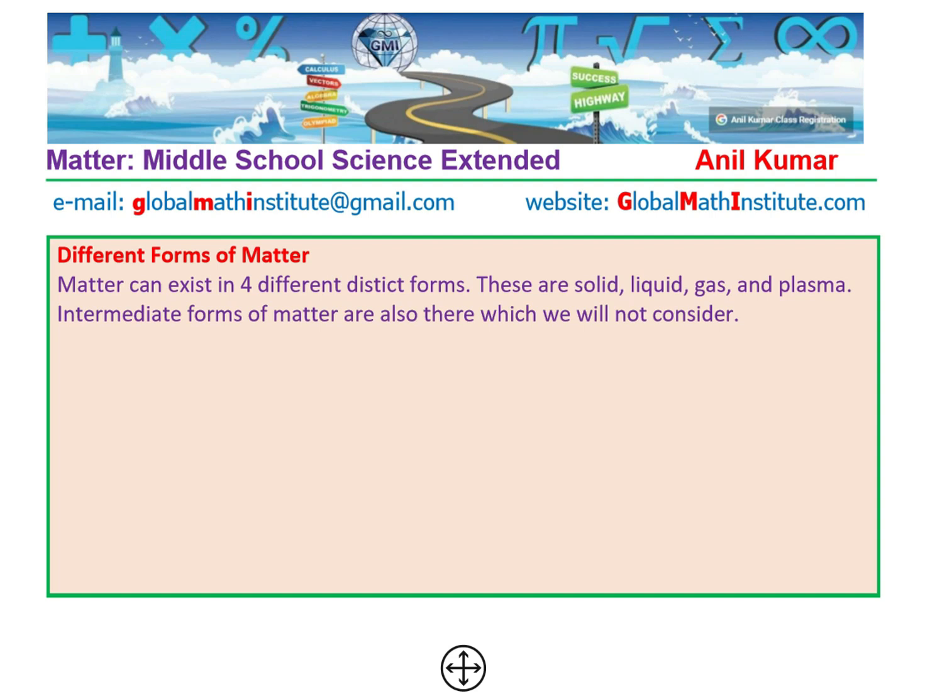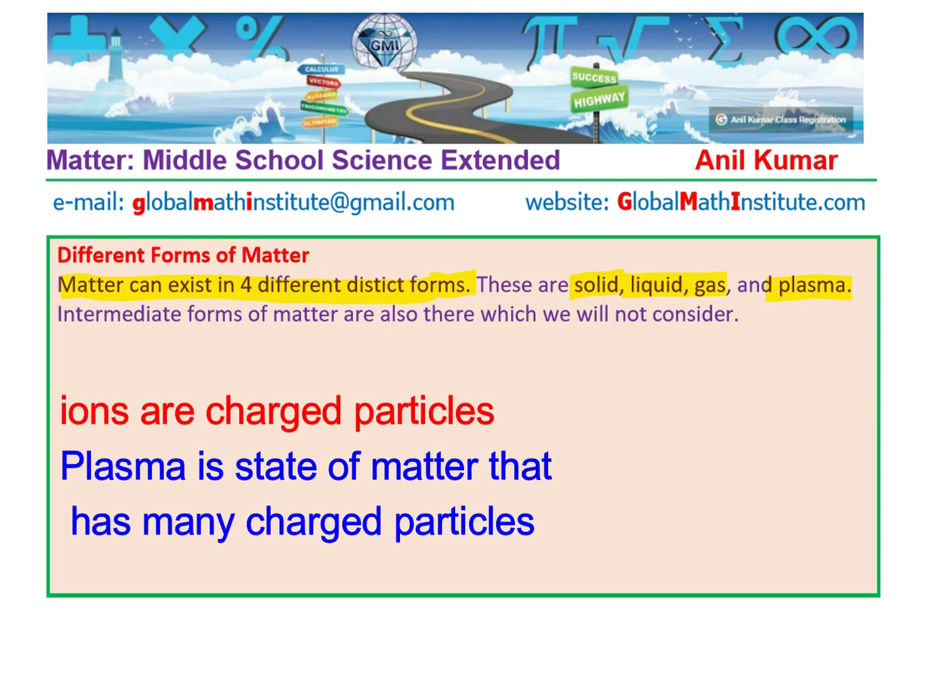But at this level of middle school, we'll say matter can exist in four different distinct forms, and these forms are solid, liquid, gas, and plasma. Now, this form, plasma, may be new for some of our students. Solid, liquid, gas is known to you.